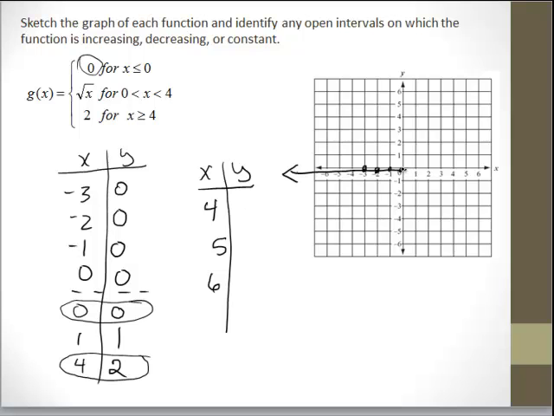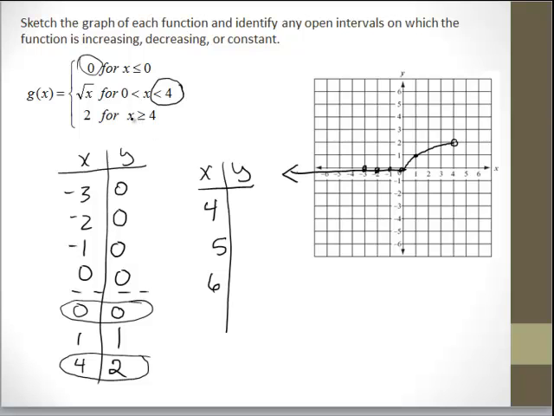So 0, 0, it's not really there though. 1, 1, and then 4, 2, but it's not really there. That's where it would be if it could be. Why can't it be again? Because this says strictly less than 4. It doesn't say less than or equal to 4.